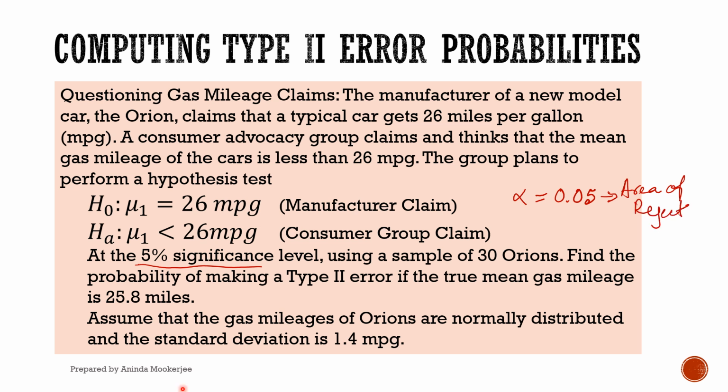And at the bottom it says, assume that the gas mileages of Orions are normally distributed and the standard deviation is 1.4 mpg. That means this value 1.4 represents the population standard deviation, or sigma.